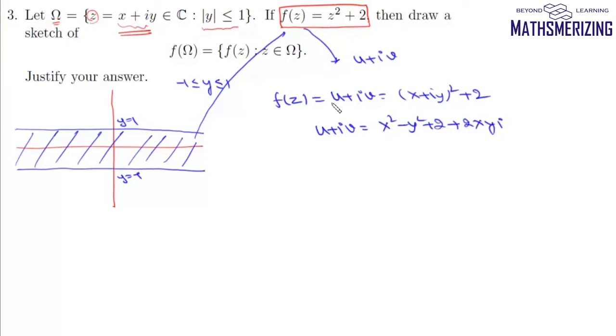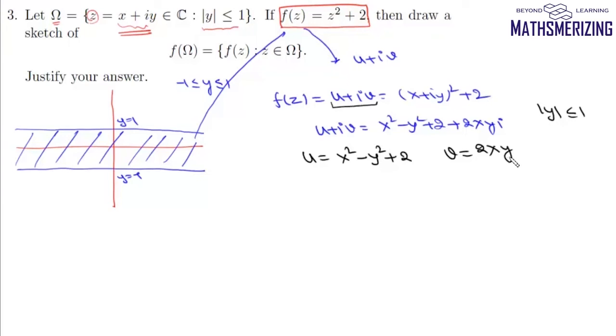Now we need to draw the sketch of u and v. Comparing real and imaginary parts, we can write u as x square minus y square plus 2, and we'll write v as 2xy. Now the condition given in the question is this mod of y is less than or equal to 1.